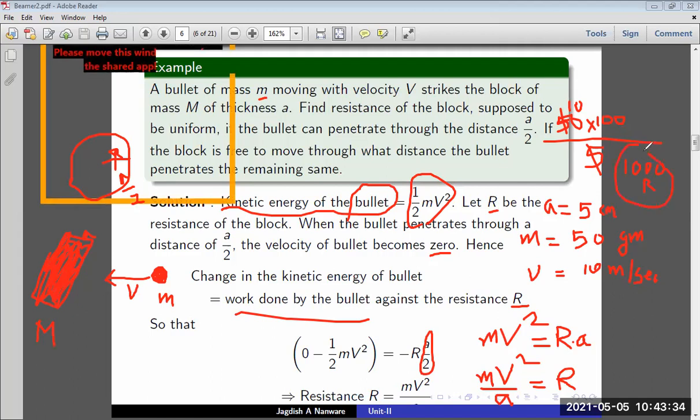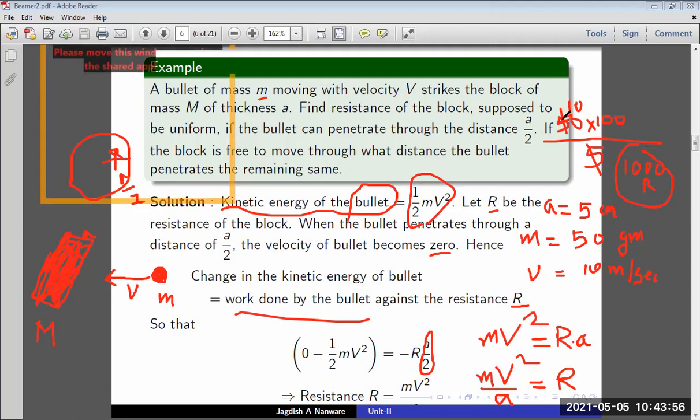So in this way, we can apply this formula to find the resistance of a block. Now, you can think of such examples. What is the use of such kind of dynamics in our real life situation?